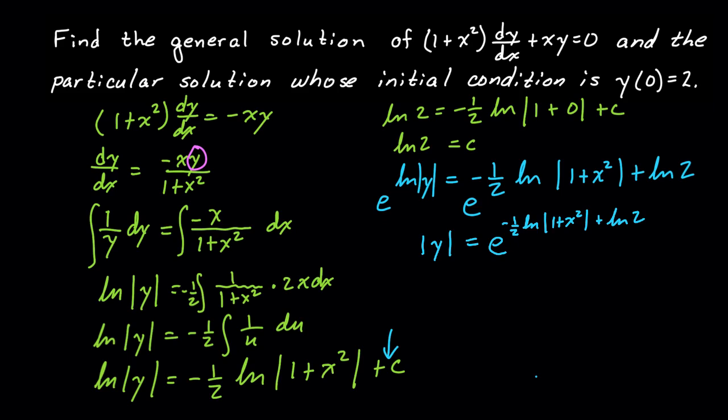For example, if you took the absolute value of x is equal to 9, that means x could either equal a positive 9 or a negative 9. So what we get then is we can ditch the absolute value by saying this is equal to plus or minus e raised to this power.